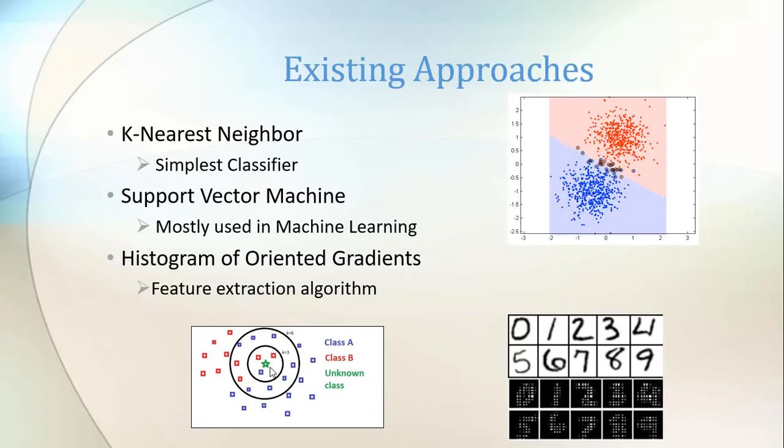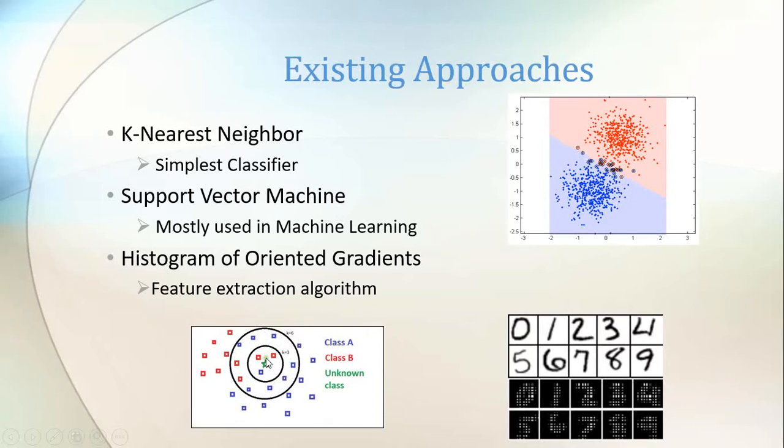For that, we decide an integer number for k, and according to that, we take the maximum votes and decide whether the green star belongs to the red class or the blue class. Let's see. When k is equal to 3, the votes counted are within this circle.